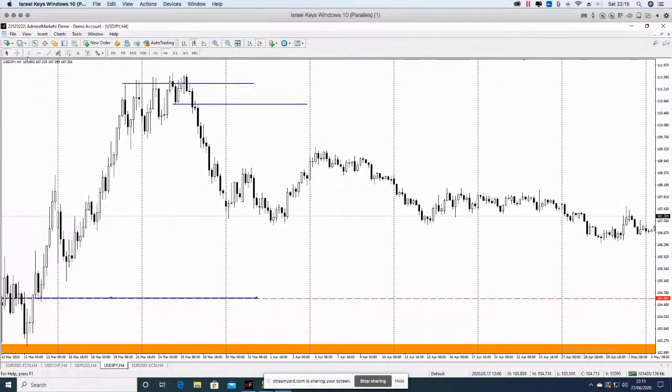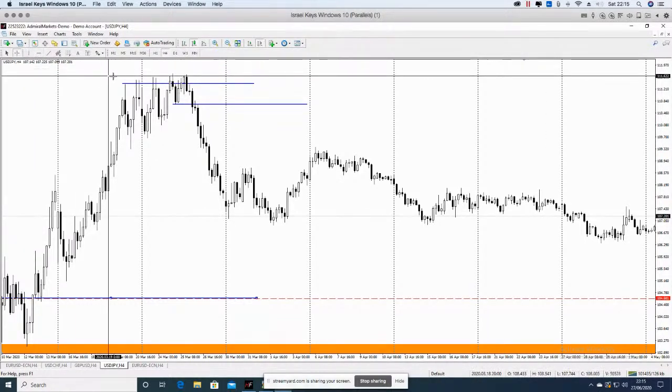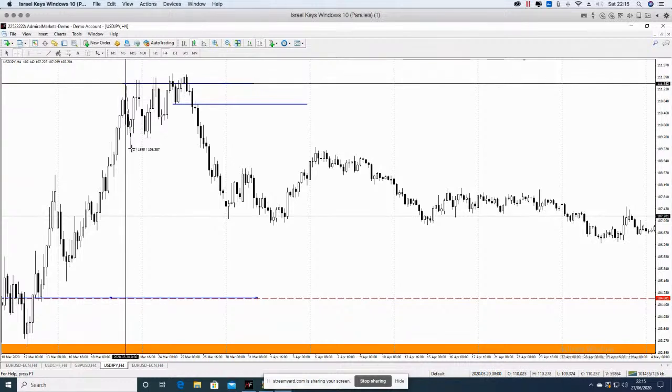But I want you to see what happens every time price visits that level. 200 pips, then it comes back. 174, then it comes back. 130, then it comes back. 60, it comes back a final time, and then it runs. And when it finally runs, it runs to the tune of 450 pips.